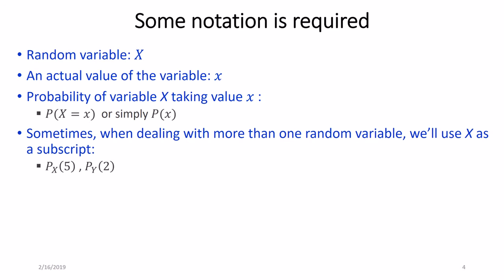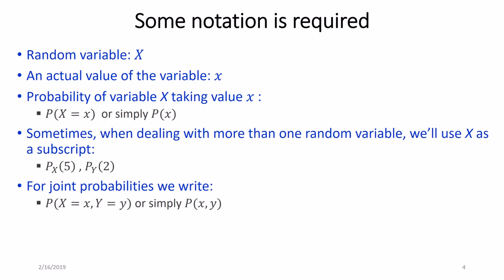Sometimes when we have multiple variables, the variable names are in the subscript. For example, P_X(5) here actually means P(X = 5), and here also P(Y = 2).